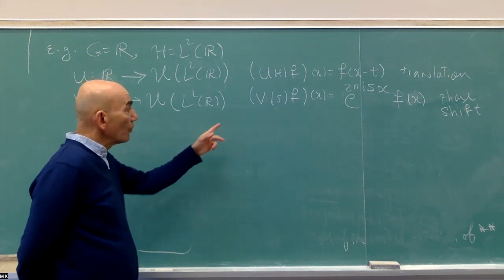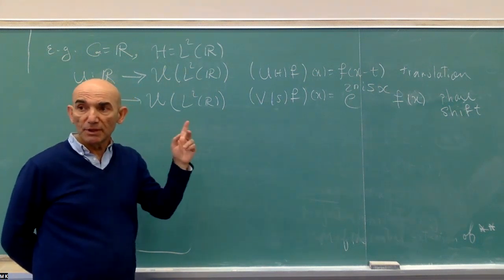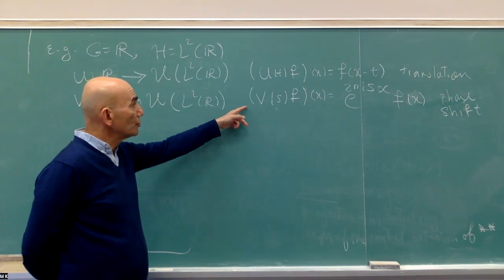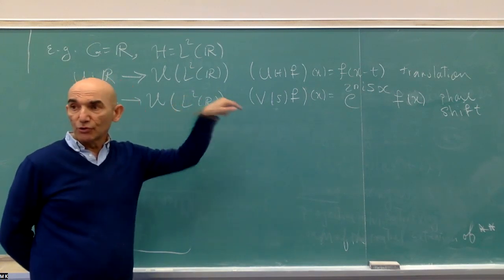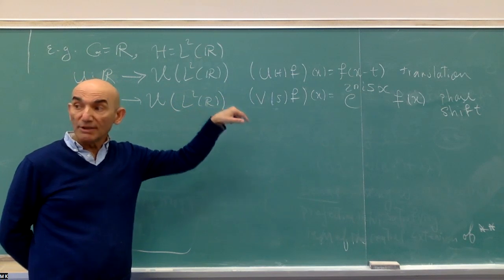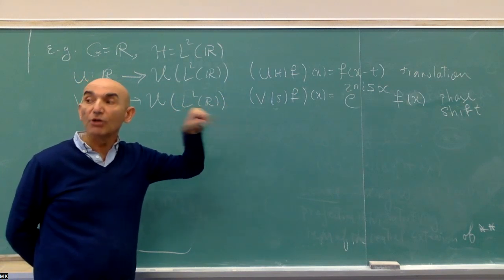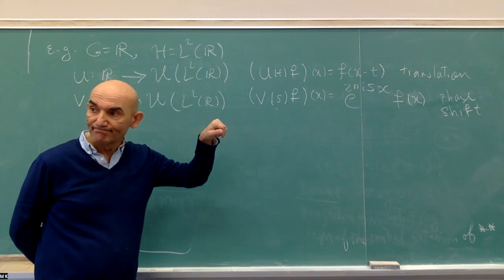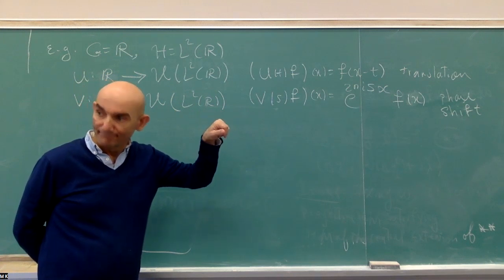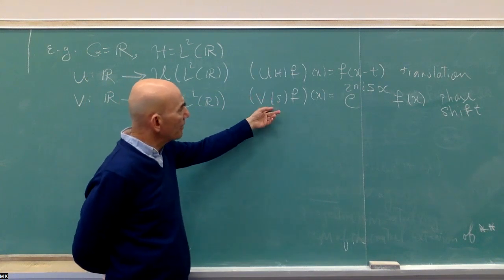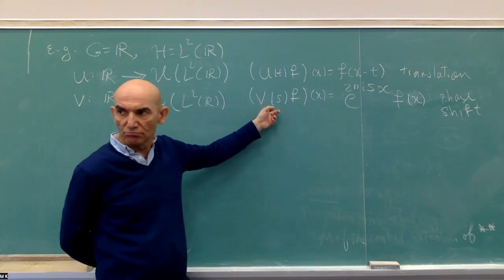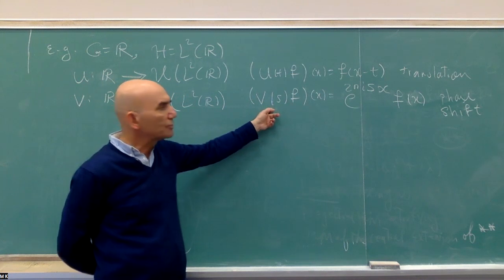So what I want to use this U and V for, not just for R, I want now to use them to define possibly a projective representation of R2. But by the way, you agree that this is also a representation, because we just multiply.